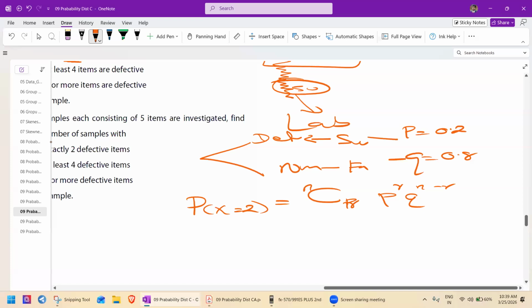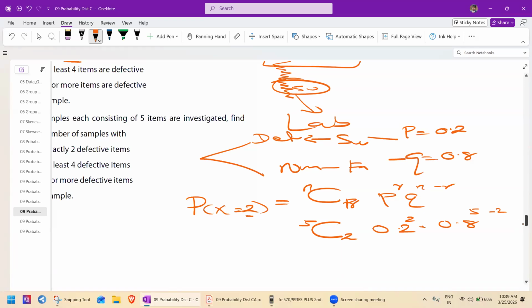Here we know that our sample, our total outcome is 5, so n equals 5, and combination r is exactly 2, and p is 0.2, r is 2, and q is 0.8, and n is 5, and r is 2, therefore n minus r is 3. So when we solve this, we can find the probability of getting exactly 2 defective items.